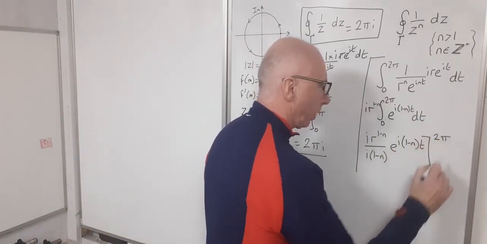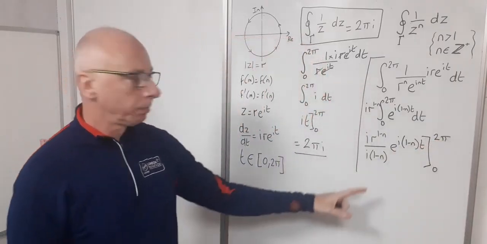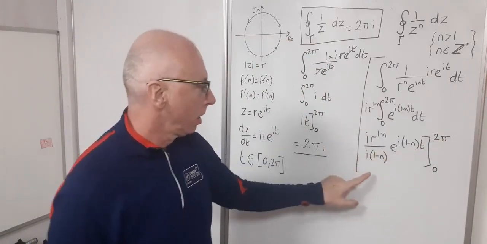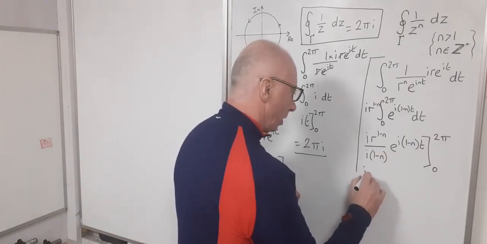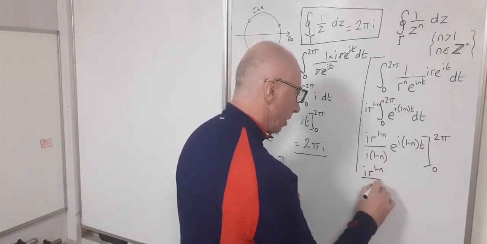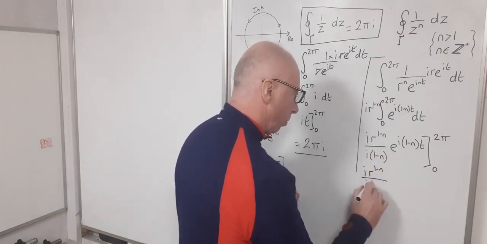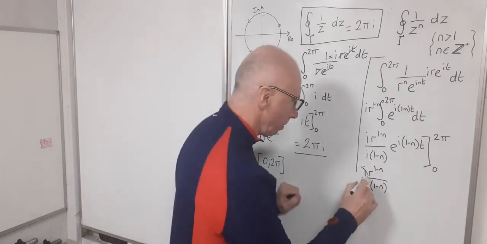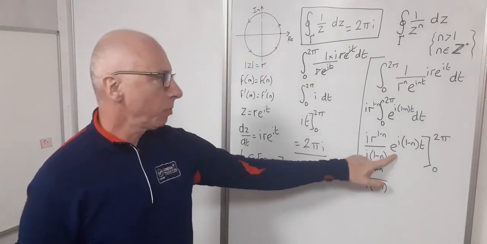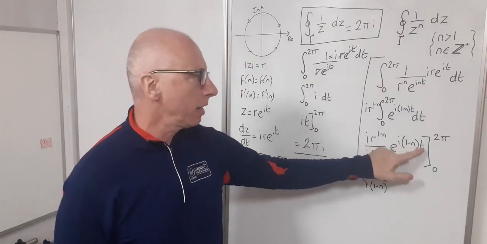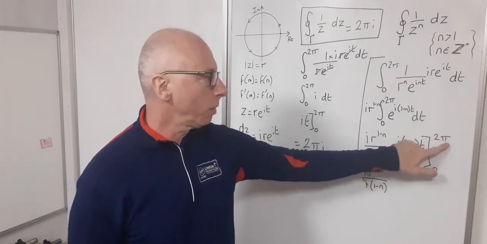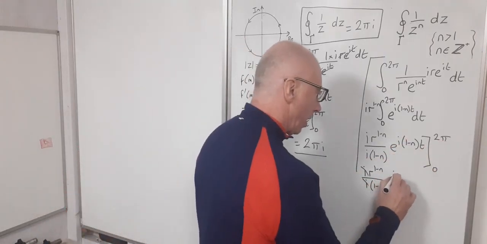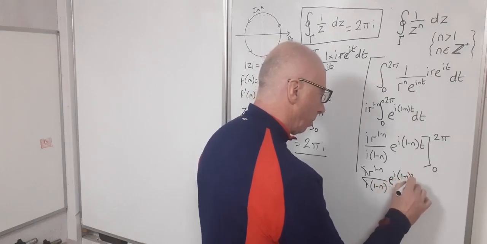Okay, so what have we got here? All of this is not included in our value of t. So we've got i r to the 1 minus n over i(1 minus n). Now we can see these i's will cancel out, so there you go. And then we've got e to the i(1 minus n) times 2 pi, when t is 2 pi.